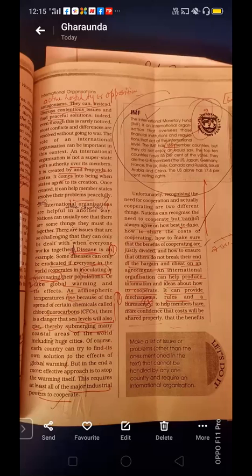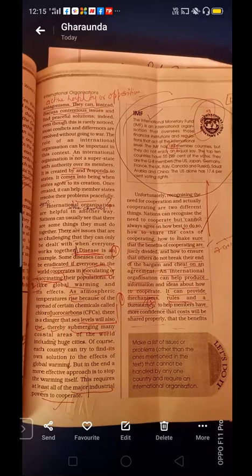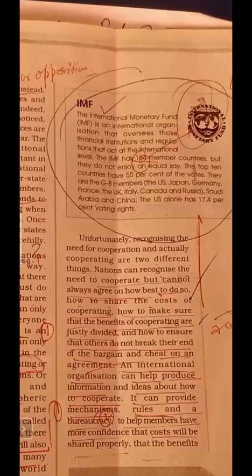The International Monetary Fund, IMF, is an international organization that oversees those financial institutions and regulation that act at the international level. The IMF has 184 member countries, but they do not enjoy an equal say.